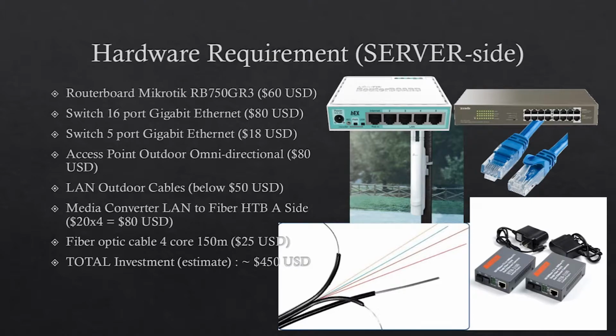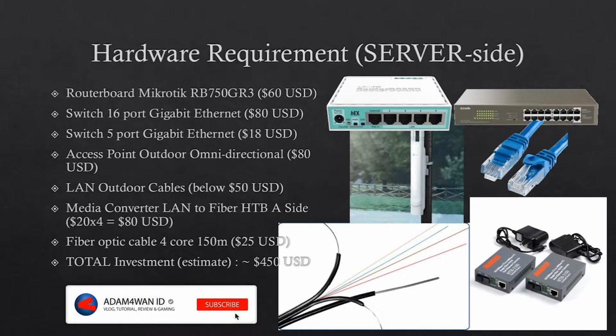So you must have a media converter, right, to convert from LAN connection to fiber. On the server side, you must have the HDB A-side. Because I'm using 4-core fiber optic cables, in this example I will use just 150 meters, but you can use fiber optic up to 20 kilometers for each HDB.